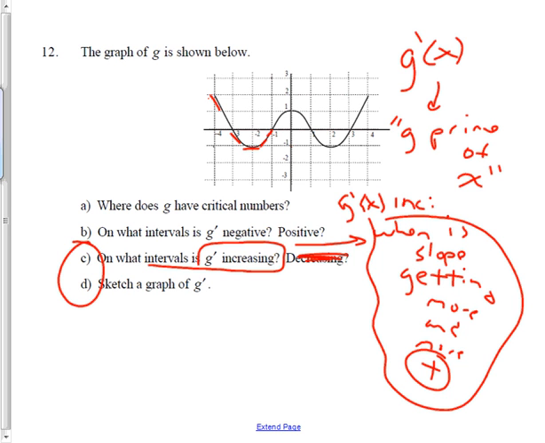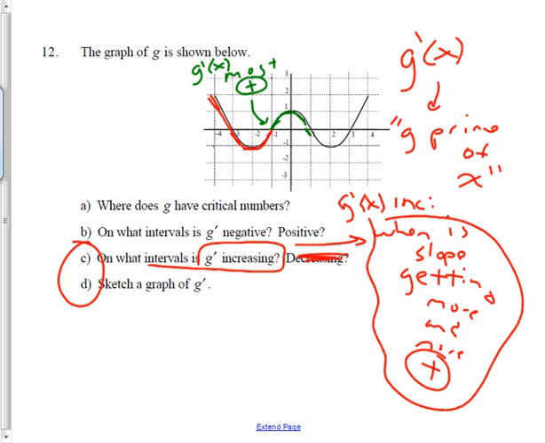And so for this whole red section, our slope goes from negative to less negative to 0 to positive to more positive. And at this point right here, it's the most positive. We're talking about the derivative. And then afterwards, our slope is getting less, equals 0, now it's negative, and now it's the most negative.